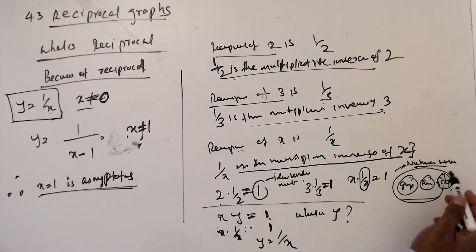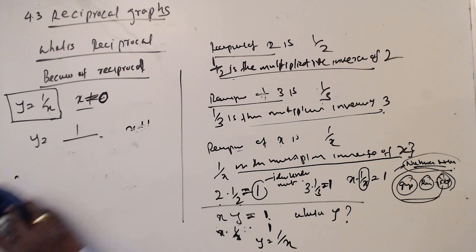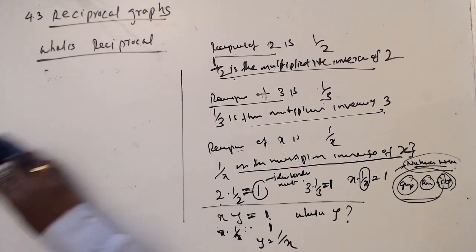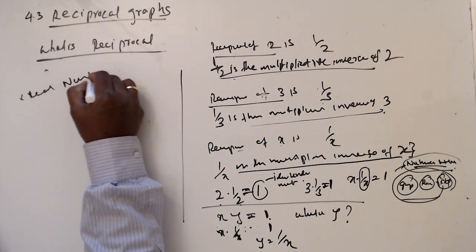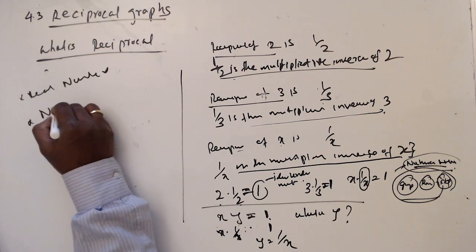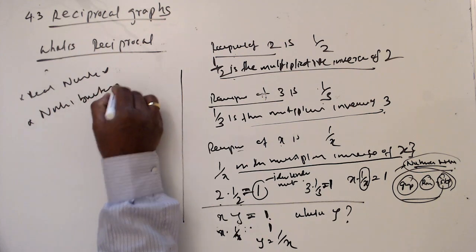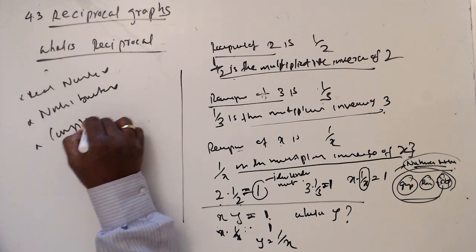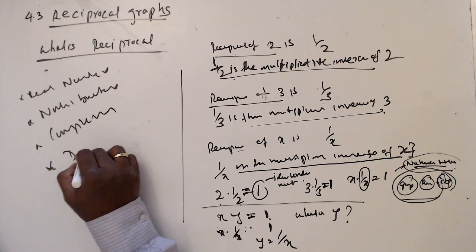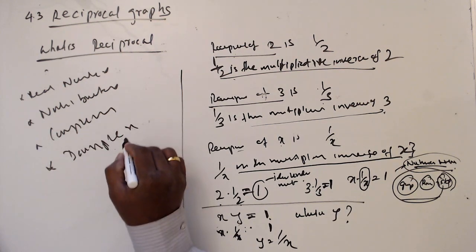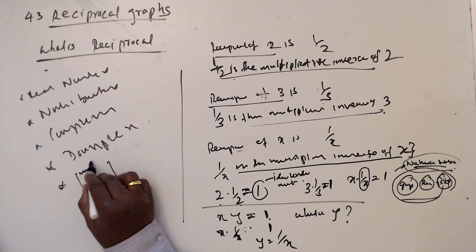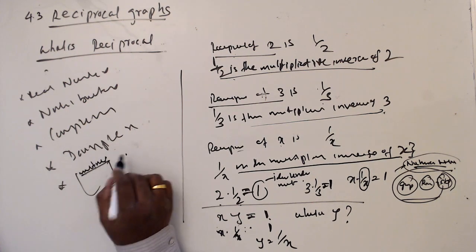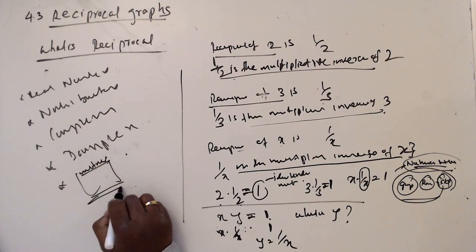So this is under the characteristics of number systems: real numbers, natural numbers, complex numbers, and matrices. Likewise, you can see.